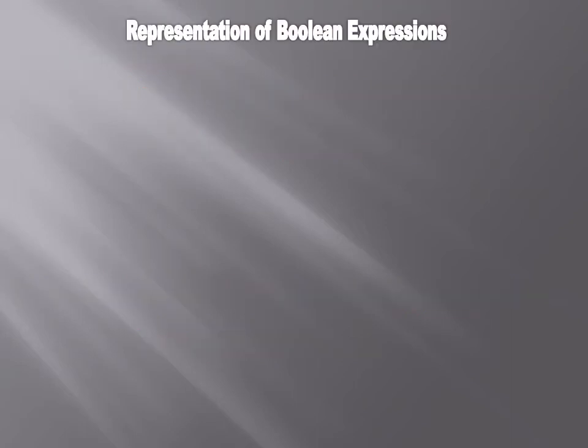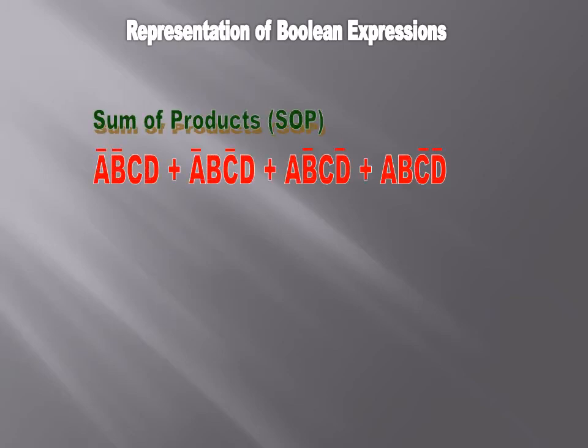Now continuing with the representation of Boolean expressions, let us start with an expression in sum of products: A naught B naught C D, or A naught B C naught D, or A B naught C D naught, or A B C naught D naught.